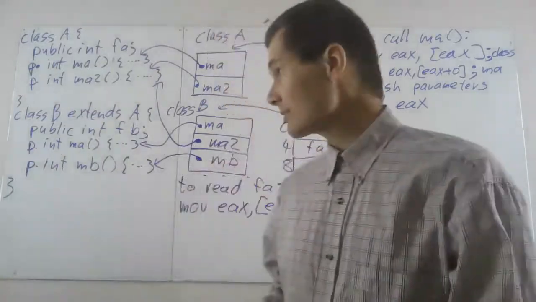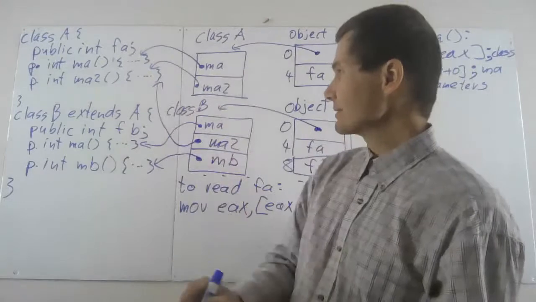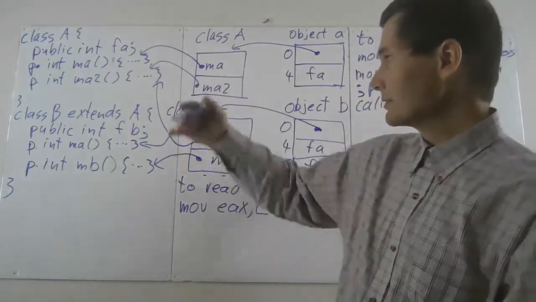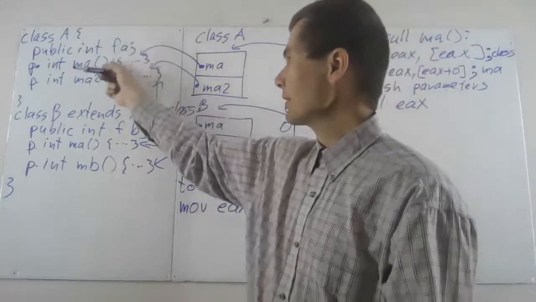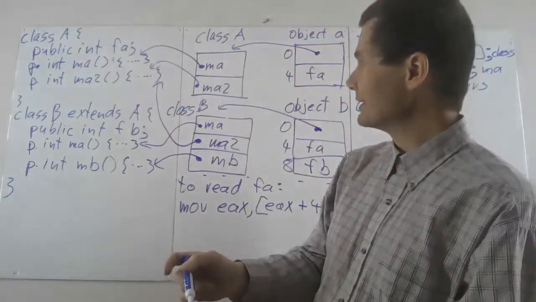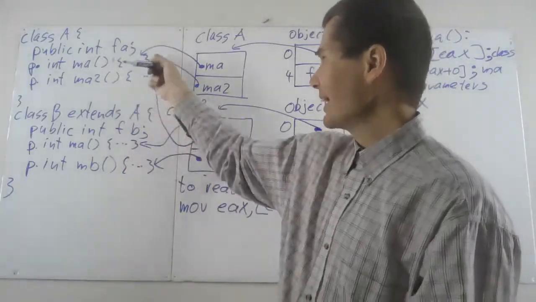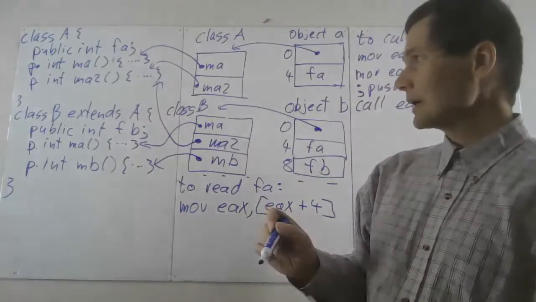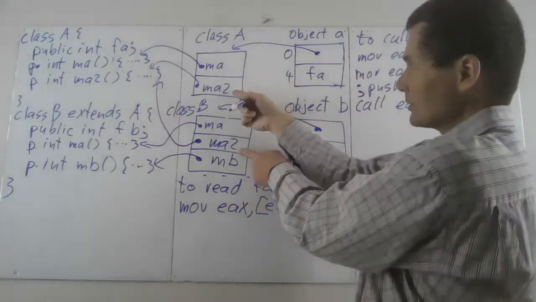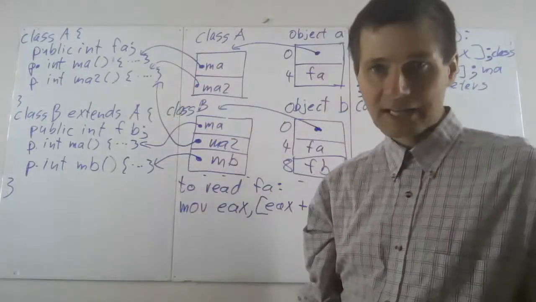And even in terms of space, class B overrides MA, and it inherits MA2. So you only generate the body of MA2 once, but then you can have multiple classes and subclasses both pointing to that same code.